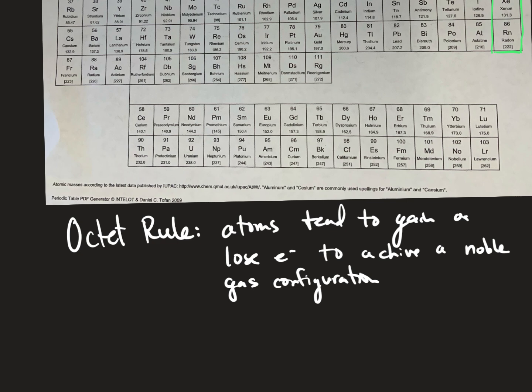When I say configuration, I'm talking about electron configuration, yeah? And what we're talking about is that full energy level on the outside. Full valence shell, we call it. Good?